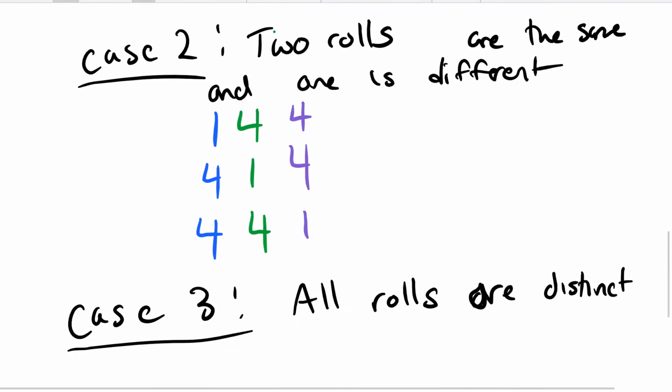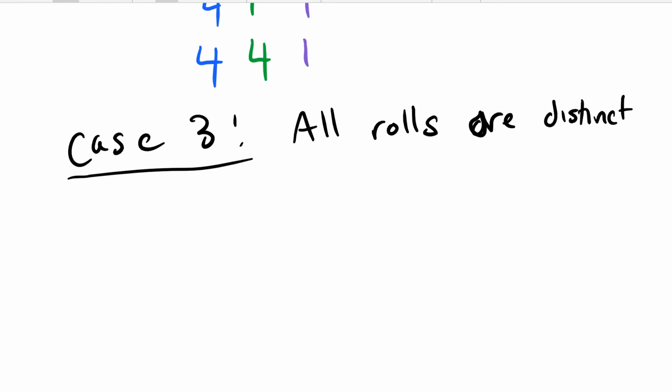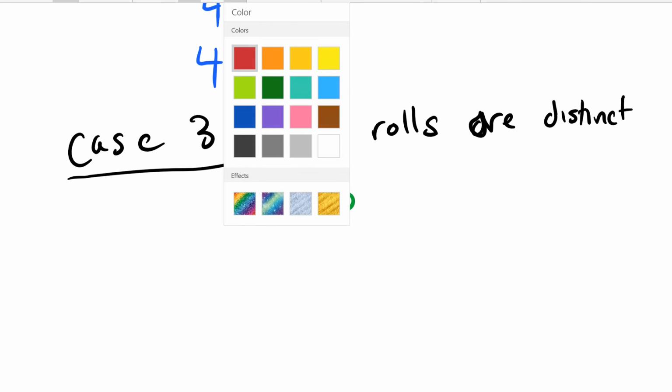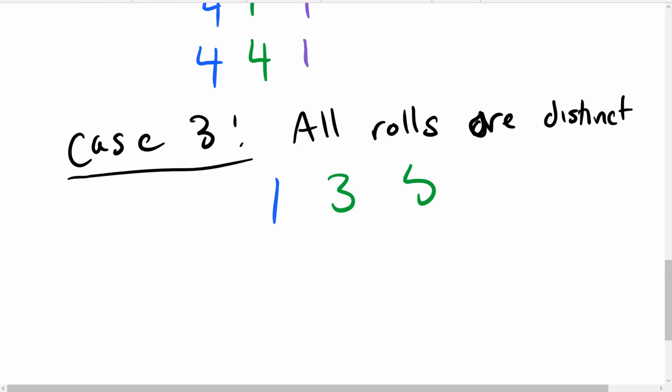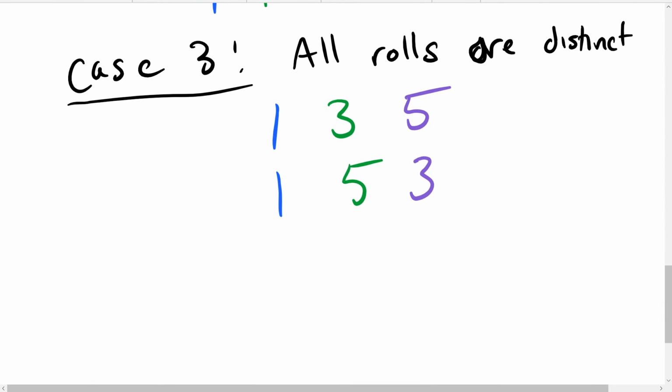Okay, what if every number is distinct? Let's do 1, 3, 5 as an example. Once again, it doesn't have to be these numbers, they just have to be different. Well, this is different from 1, 5, 3, and this is different from ones where we first get a 3.